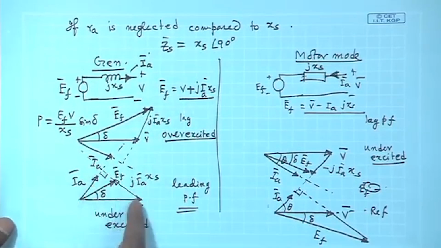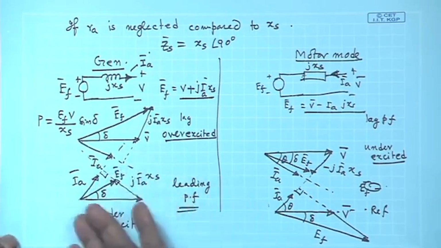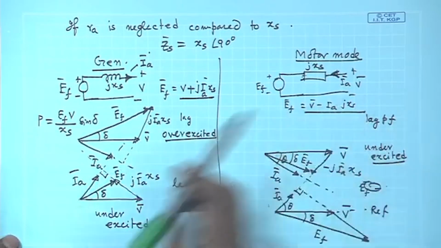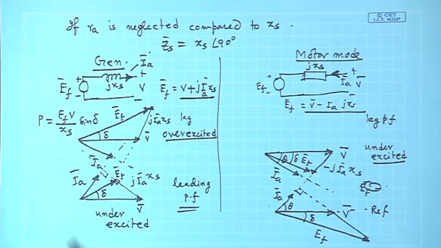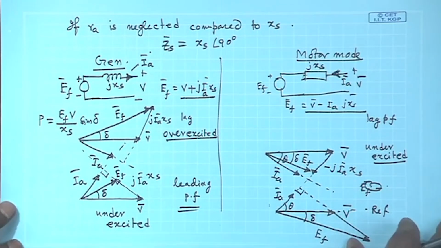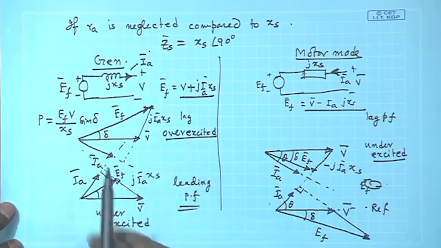In fact, from the phasor diagram also, using properties of triangle, under this condition this angle is 90 degrees, several problems can be very quickly solved. I will try to devote 1 or 2 sessions for problem solving later.